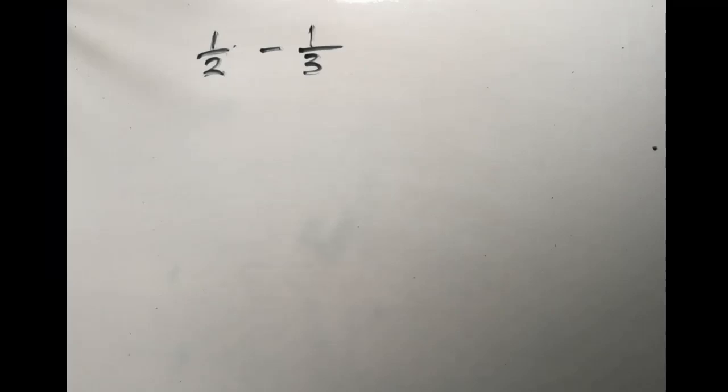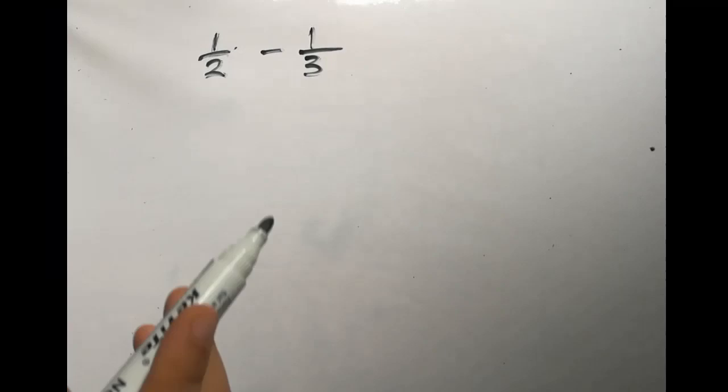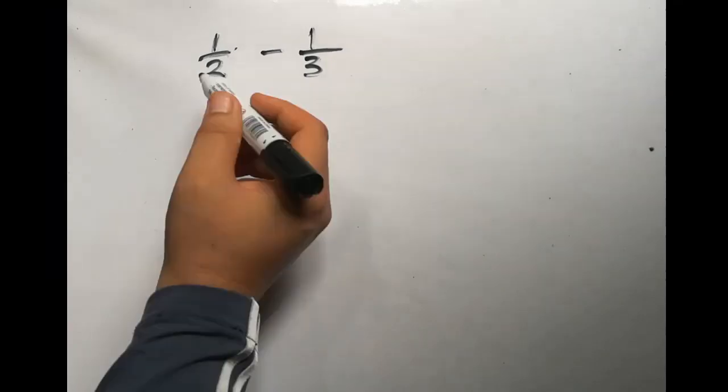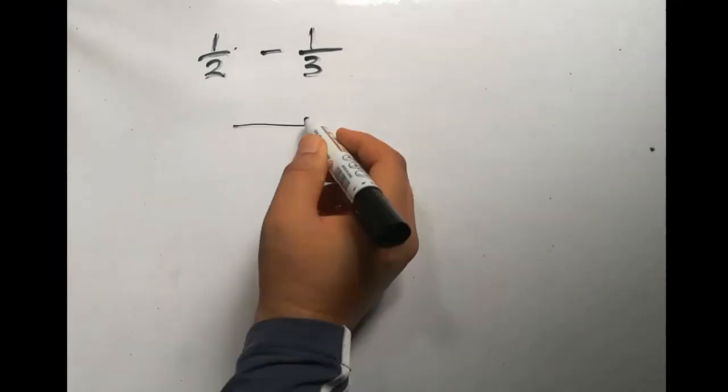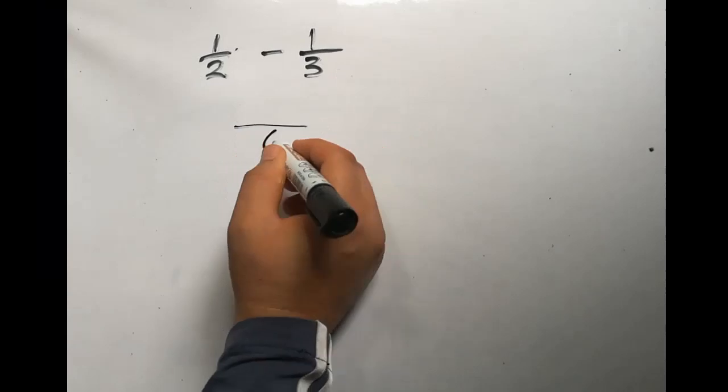1 over 2 minus 1 over 3. In subtracting fractions, we do almost the same thing we do when adding fractions. It's just that where we add, we now minus. So the first thing we need to do is to look for the LCM of 2 and 3. And the LCM of 2 and 3 will be 6.